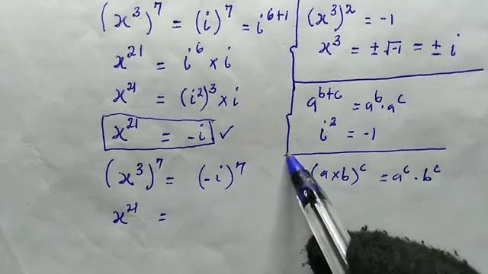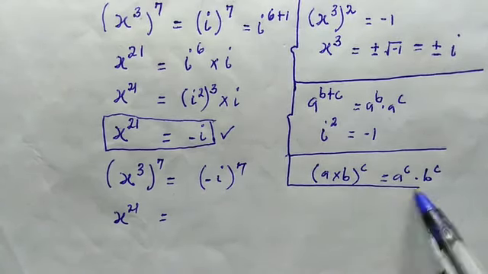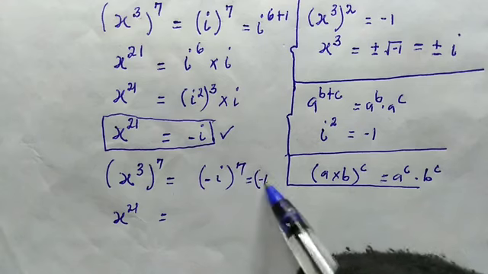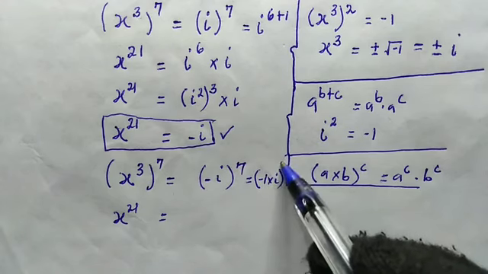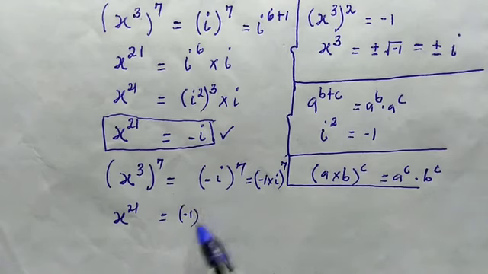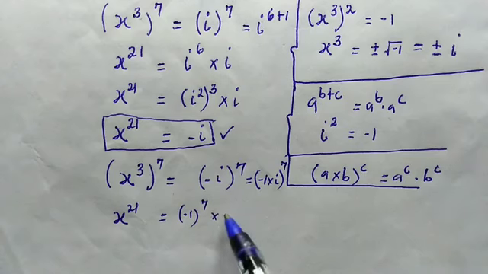So from here we can write this as (negative 1 times i) to the power of 7, right? Then with this property, we have negative 1 to the power of 7 multiplied by i to the power of 7.